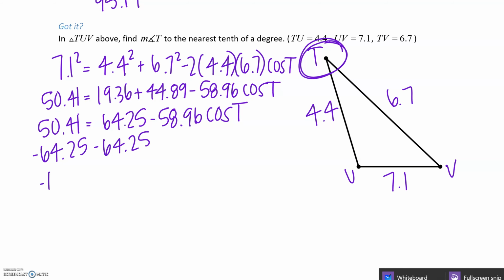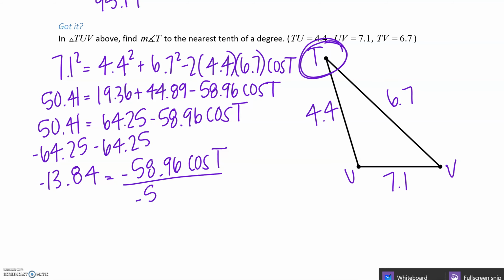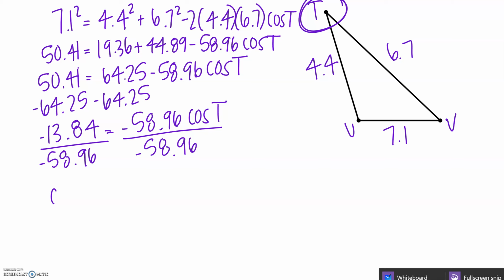That's going to leave us with negative 13.84 equals negative 58.96 cosine of T. Okay, so now all we need to do is divide both sides by this negative 58.96. That's going to leave us with the cosine of T equals 13.84 over 58.96.